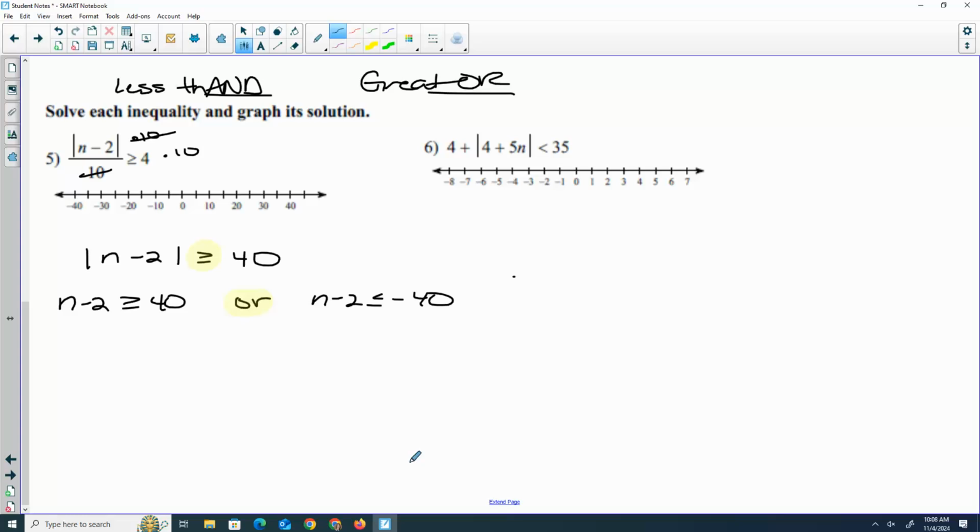First one, everything stays the same. Second one, you flip it and make it negative. So then if we solve these, we add our 2. N is greater than or equal to 42. This one, if we add the 2, n is less than or equal to negative 38.